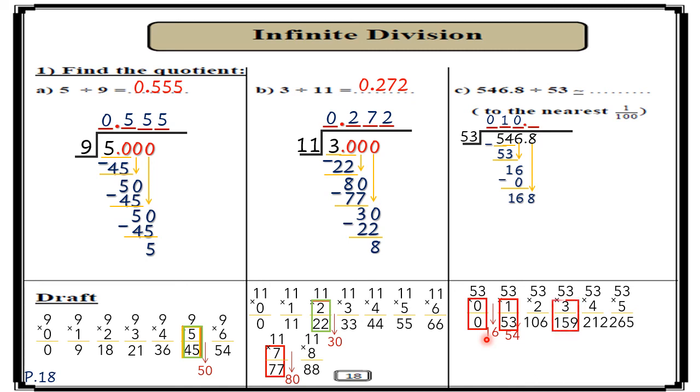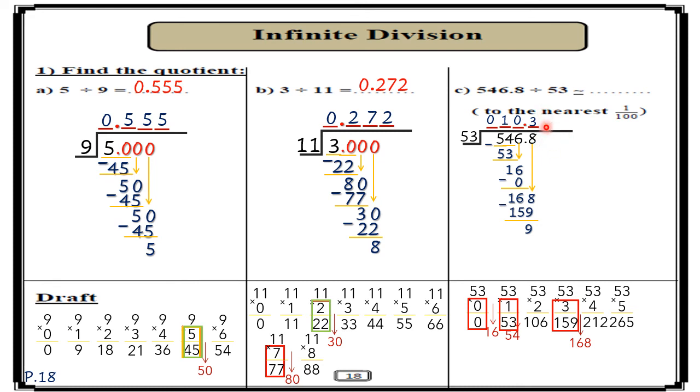No, but 168 is between 159 and 212, so I take the smaller, which is 159. The number up, up; the number down, down; minus. 168 minus 159 equals 9.